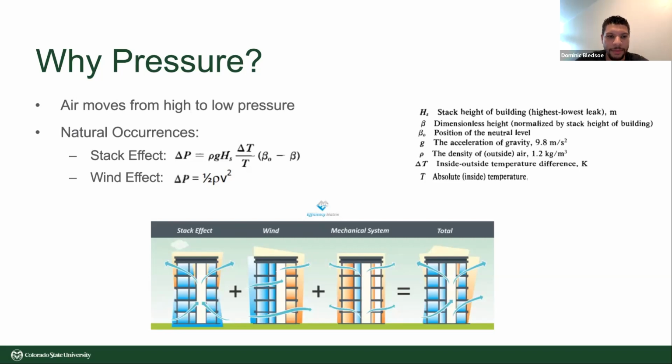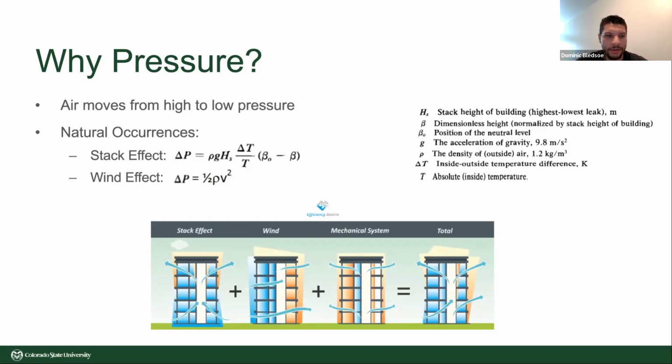We have an equation developed by the Lawrence Berkeley National Lab for that particular pressure difference caused by the stack effect, and you can see some variables. Some of the variables are just housing characteristics, like leakage areas and neutral levels, but some of them have to do with the temperature difference also.